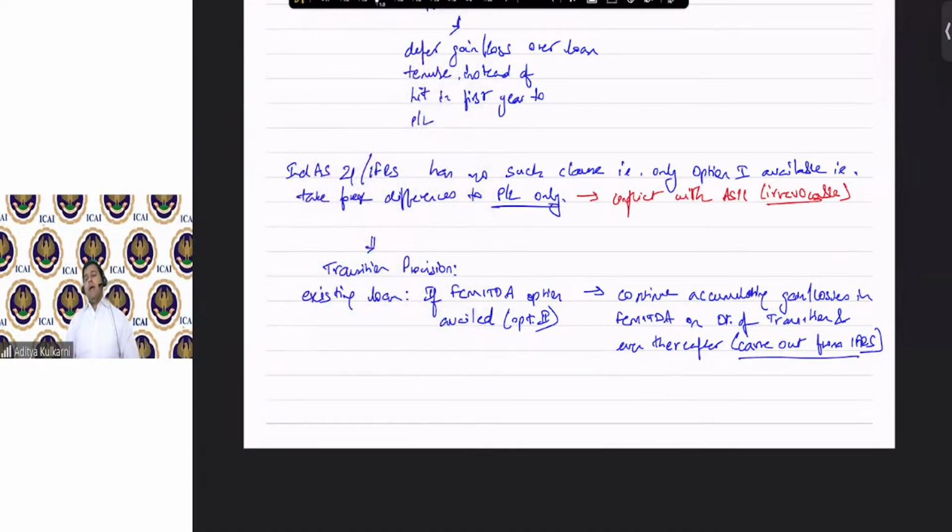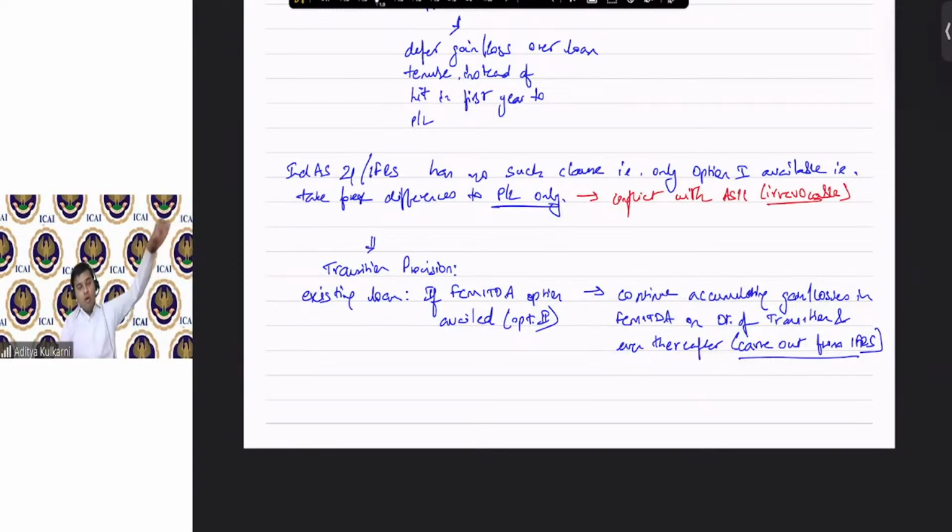Yes. So existing loan, we had opted for FCMITDA. In respect of existing loan, I will continue to accumulate the differences in FCMITDA and amortize over the tenure of the loan. No second thoughts about it. No doubt about it. But for a fresh loan, can I do this? Answer is no. This is only a transitionary relief.